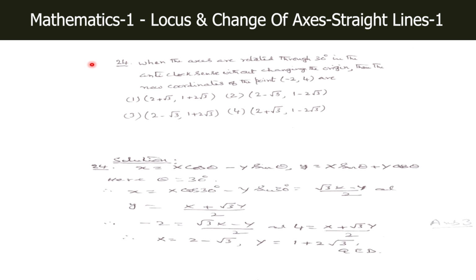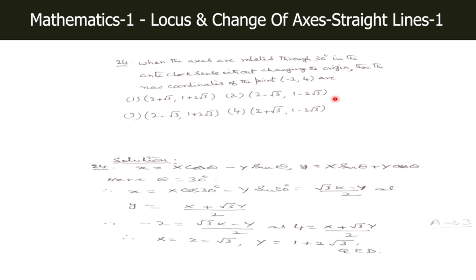Now, next question 24. When the axes are rotated through 30 degrees in the anti-clock sense without changing the origin, then the new coordinates of the point minus 2 comma 4 are 2 plus root 3 comma 1 plus 2 root 3, 2 minus root 3 comma 1 minus 2 root 3, 2 minus root 3 comma 1 plus 2 root 3 and 2 plus root 3 comma 1 minus 2 root 3.